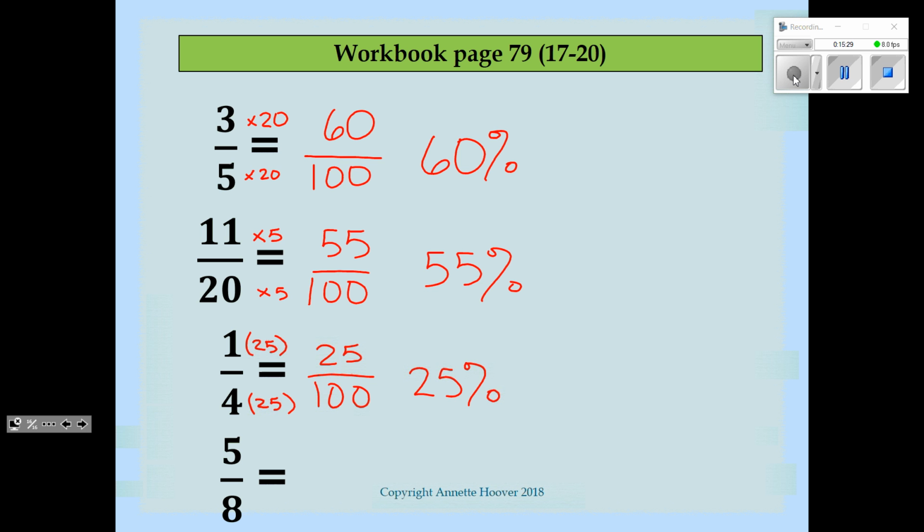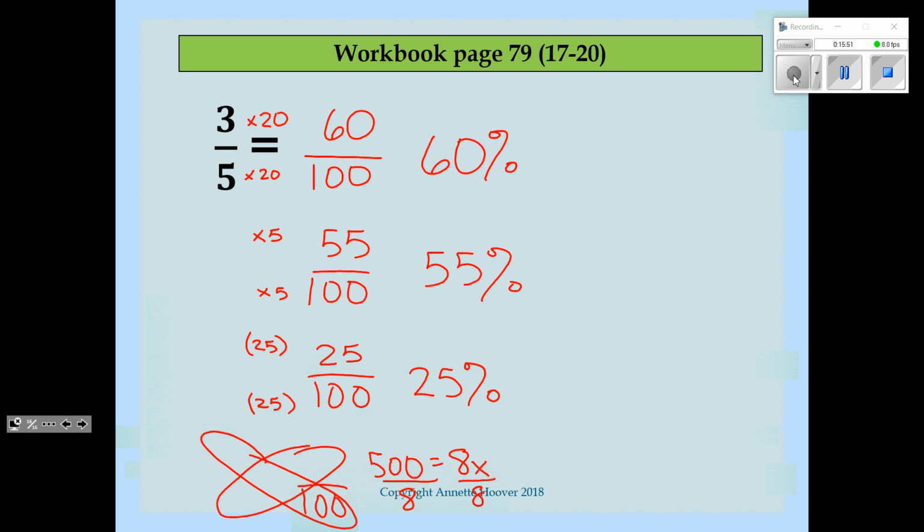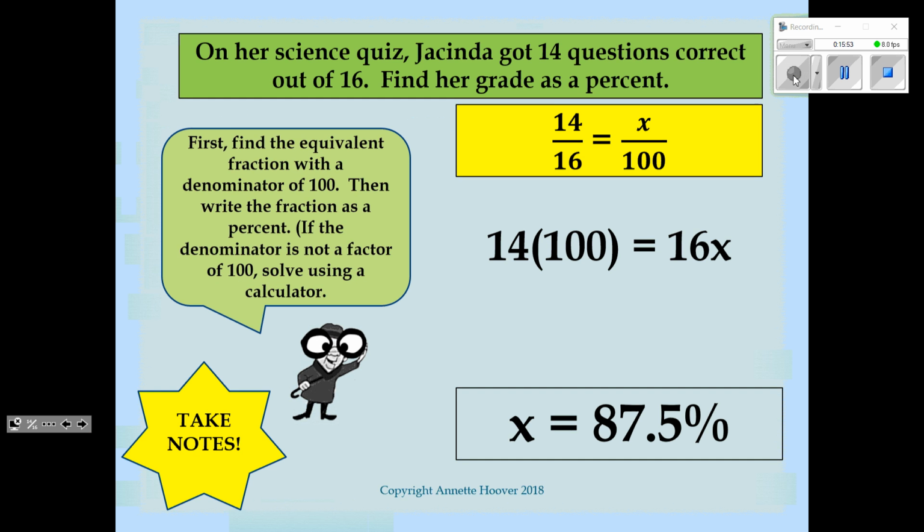5/8. There is not a number that I can multiply 8 by to get 100. So this is the one I'm going to have to use the proportion method for. So first I go 5 times 100, which is 500. That's on one side of the equal sign. The other side is 8x. And I divide both sides by 8. I think we just did that one.